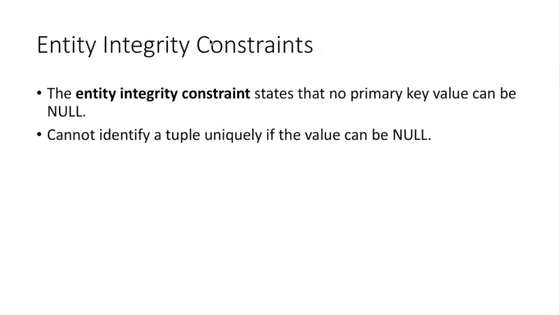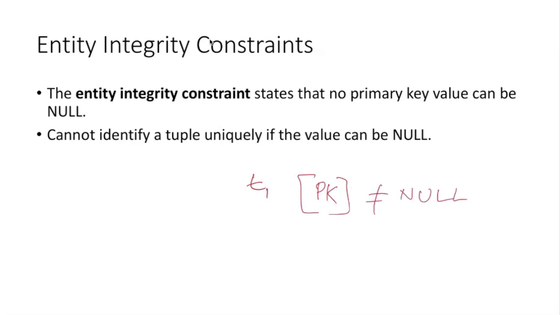So if I have a tuple T1 in my relation, and let's say the primary key is denoted by PK, then for tuple T1, this cannot be null. It cannot be empty.